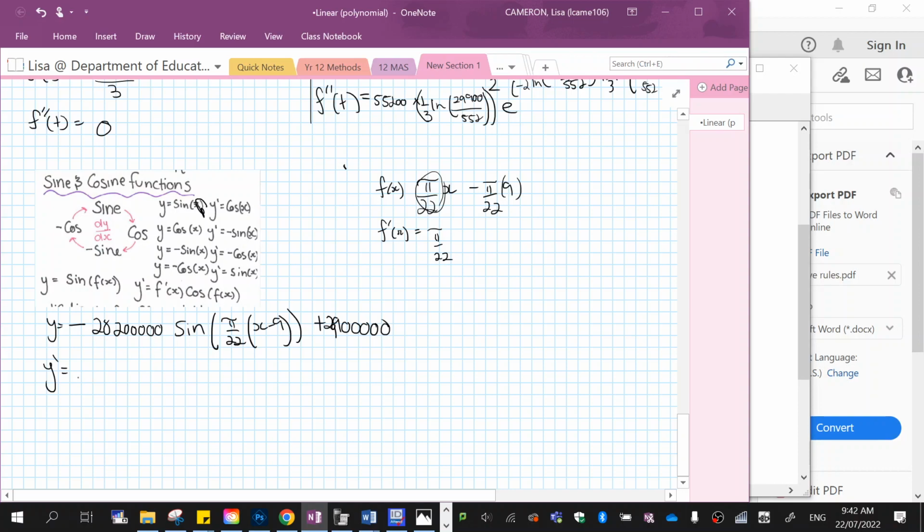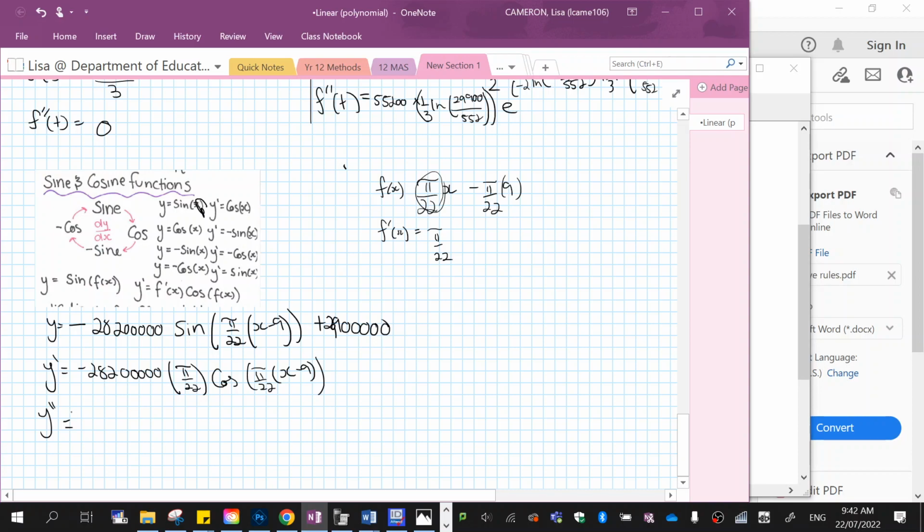So that's the part that's going to come down and multiply. So minus 282, 1, 2, 3, 4, 5, pi on 22. Sine is going to change into a cos. The bracket doesn't change, just like here. And now when I try to derive this n portion, because it's a constant value, it's just going to vanish as well. So that's my final answer for the first derivative.